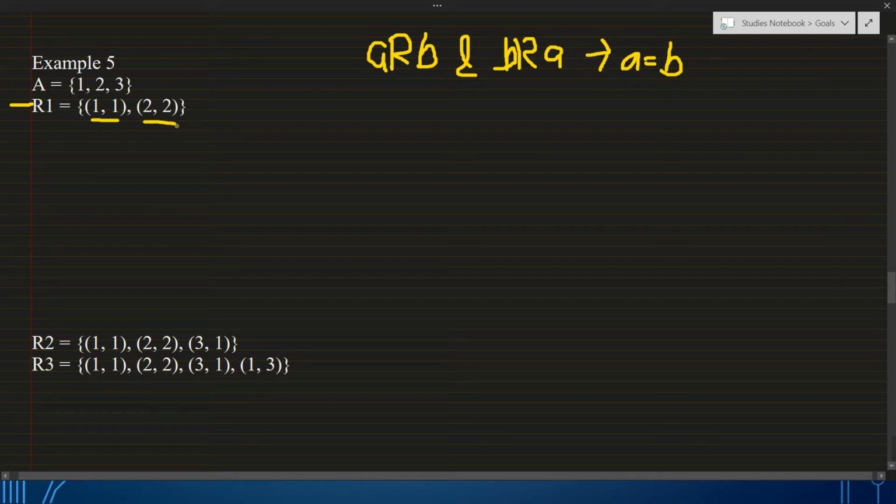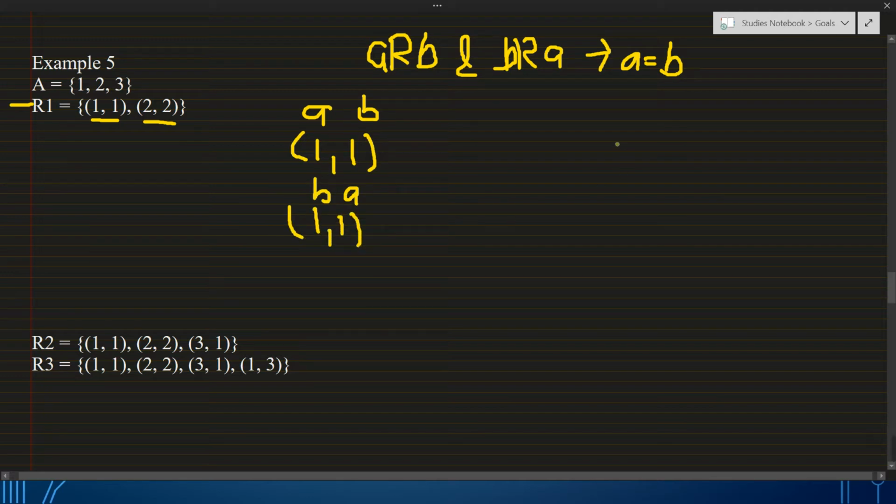Let's start with (1, 1). I'll say A, B is (1, 1). This already satisfies A R B, A relates B. B relates A, so B, A is already (1, 1).